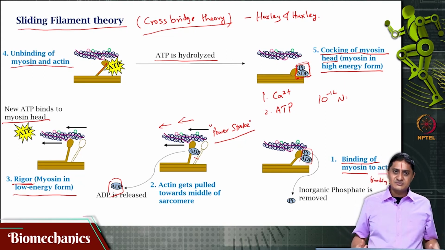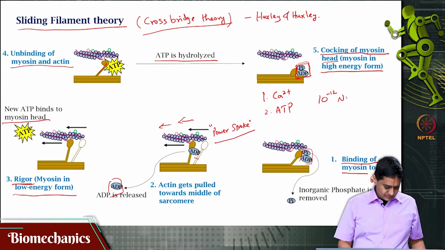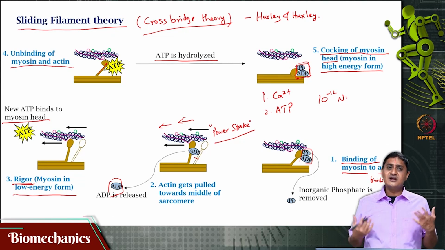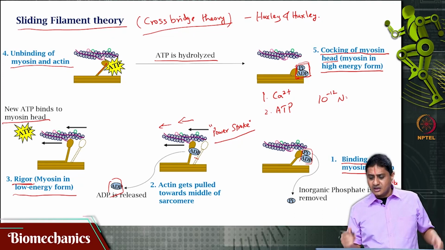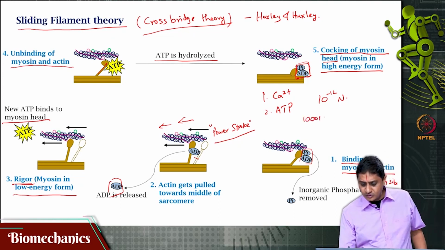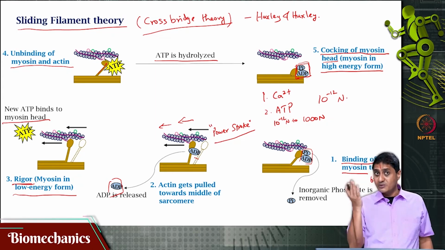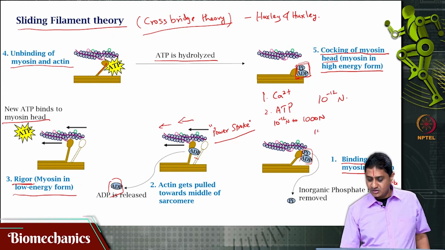For example, as I am standing, the force produced by my posture maintenance muscles will be several hundreds of newtons, and may even cross 1000 newtons. So you are talking about 10 power minus 12 newtons to 10 power 3 plus 3 newtons. You are talking about 15 orders of magnitude.